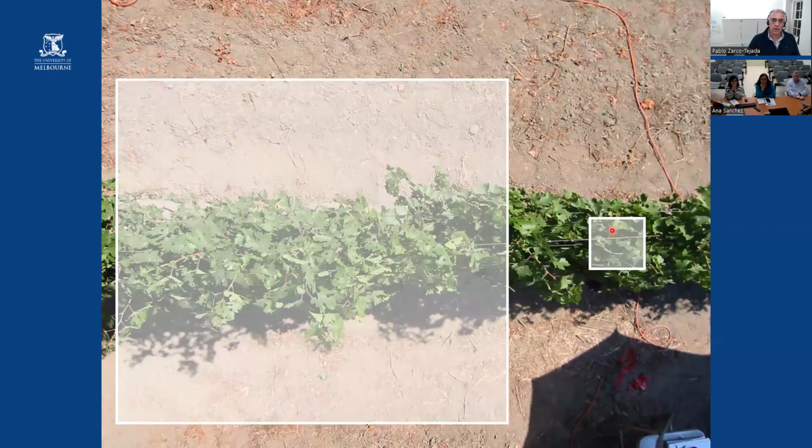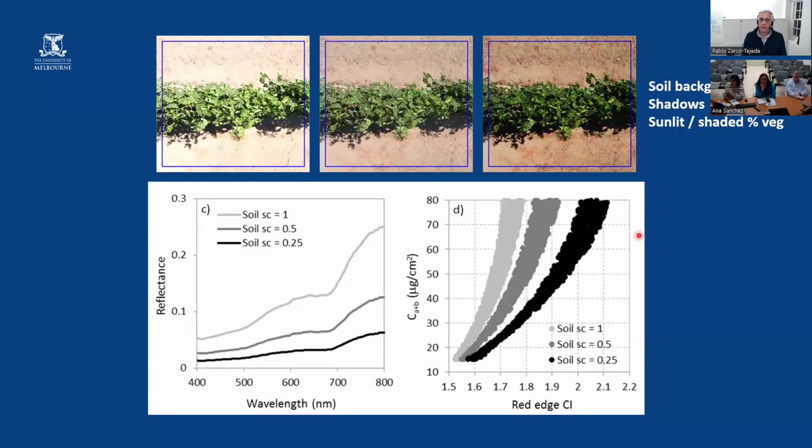Because the whole reflectance will be calculated based on the different scene components: the sunlit soil component, the shaded soil component, the within-vegetation shadow, and the sunlit vegetation. All these components are used to calculate the index, and it will be totally different than if we use a different spatial resolution image, like, for example, this other smaller pixel.